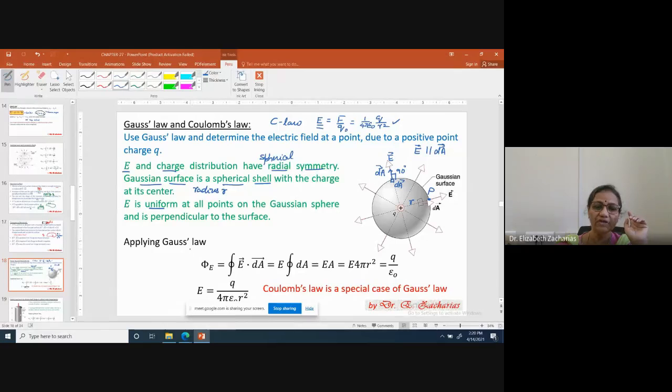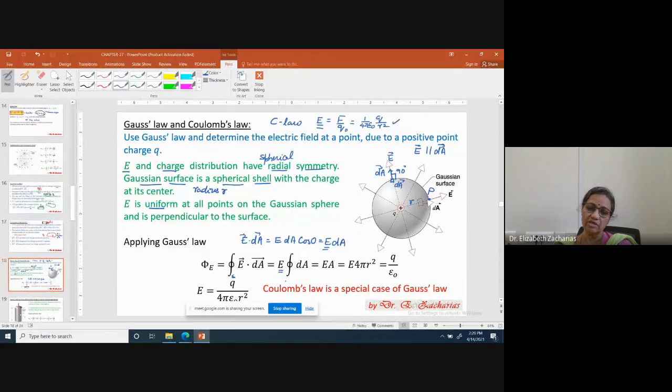So now let us apply Gauss law. Flux is equal to integral E dot dA for this surface. Now I know that E dot dA is equal to E dA cos 0, which is E dA. So I write E dA, and then I find that E is a constant for the entire surface, so I can pull it out of the integral.